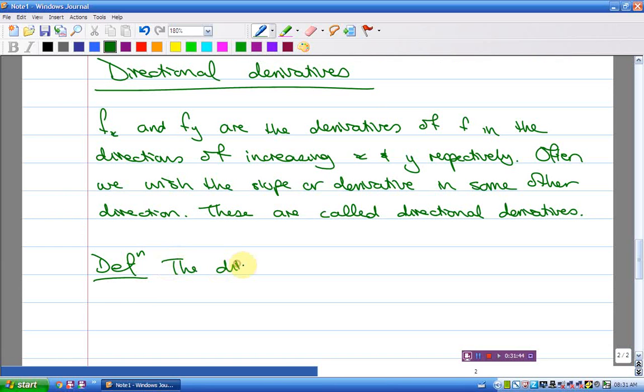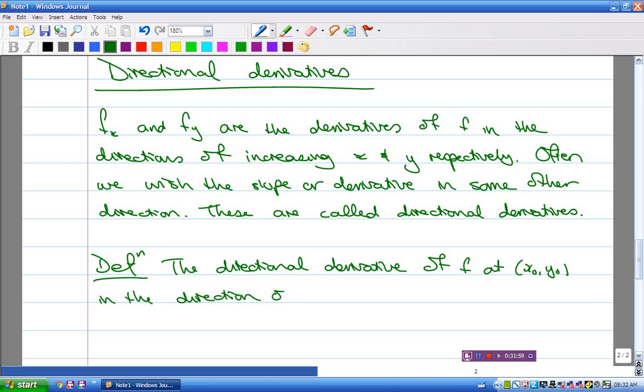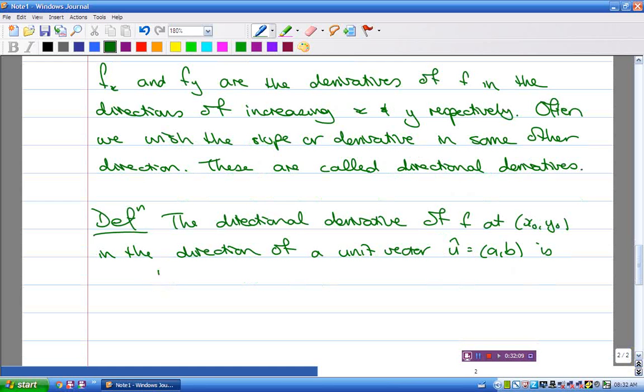The directional derivative of f at some point, x naught, y naught, in the direction of a unit vector u equals ab is, and then we have this formula equals.